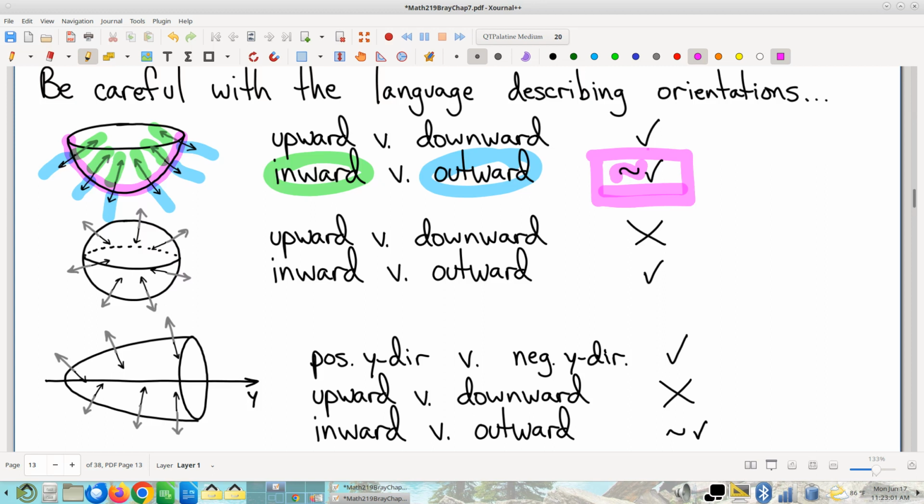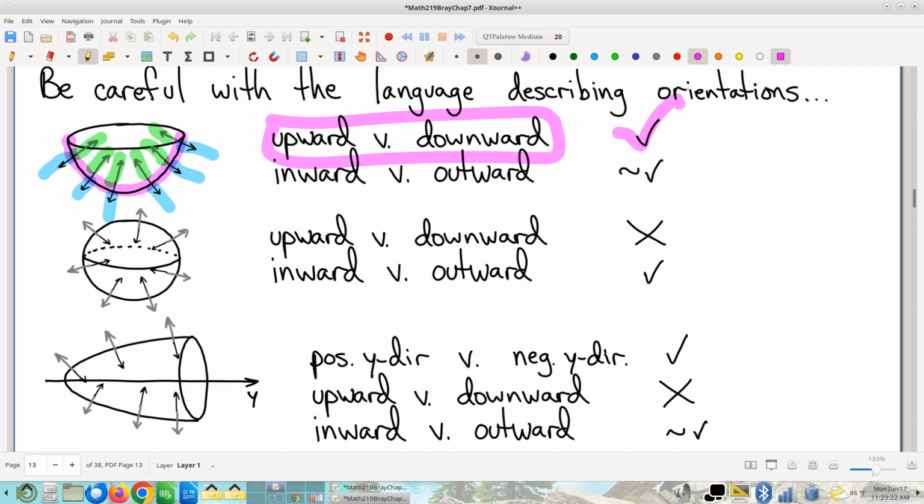That said, I don't think anyone would see the word inward here and guess wrong, right? Nevertheless, it's a little suboptimal. So you want to think carefully about your language and try to pick the best choice. Notice that upward versus downward, while it works great in this case, it doesn't work at all in this case.